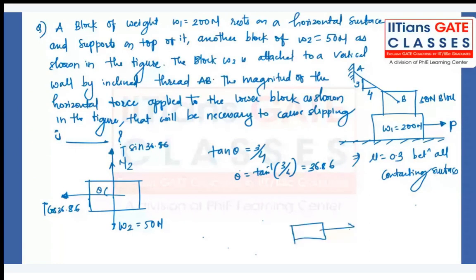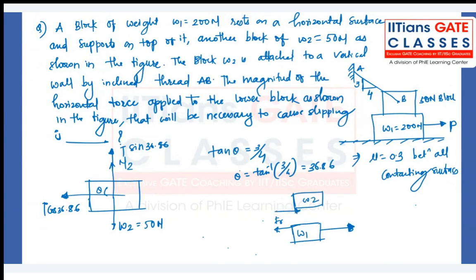So the frictional force on the block of weight W1 is in this direction. But on the second block, of weight W2, which is equal to 50 Newton, the frictional force will be in this direction, because W1 and W2 are connected.